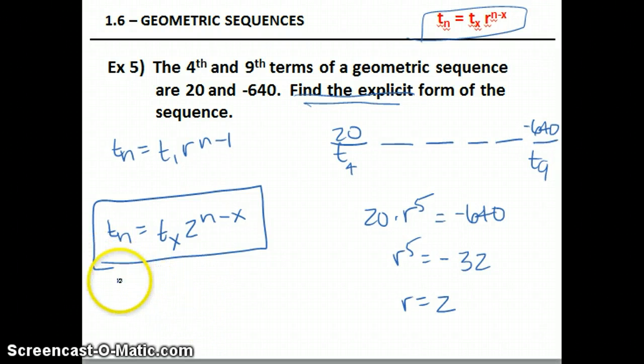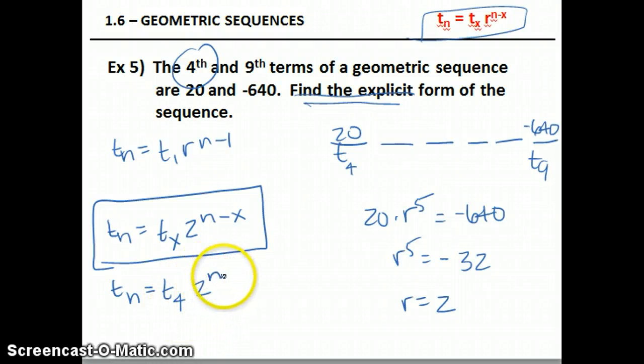We could, however, do this. T sub n, well, we don't know which term we're looking for, but we can take, let's say, the 4th term and say we're going to find t sub 4 times 2 to the n minus 4 if we want to go there, but you really don't have to. Just leave it right here, because this really doesn't help all that much. That is fine.